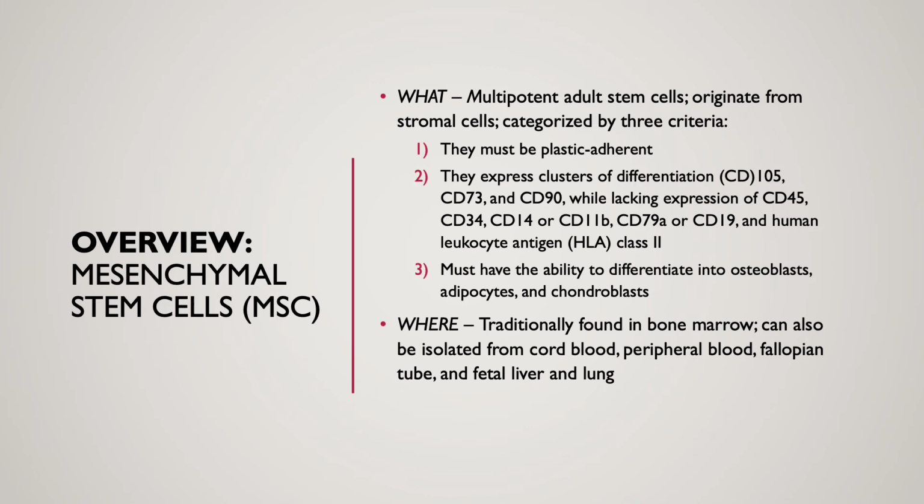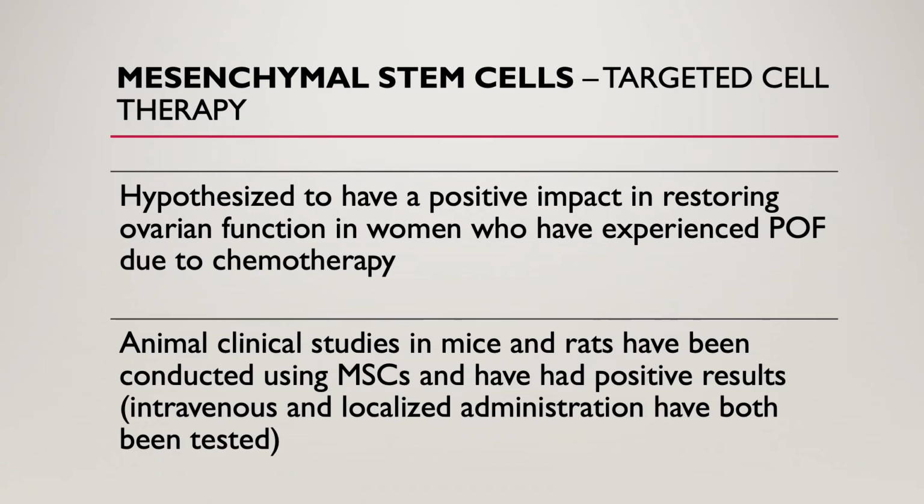MSCs are traditionally found in bone marrow, but can also be isolated from cord blood, peripheral blood, fallopian tubes, and/or the fetal liver and lung. MSCs have a wide range of applications and potential. Cell therapy of MSCs has been hypothesized to have a positive impact in restoring ovarian function in women undergoing chemotherapy.